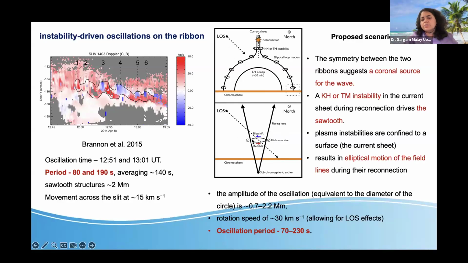Because of this movement of the field lines, there is a possibility of having these alternate red and blue patches in the Doppler maps. Based on this proposed scenario, they observed the oscillation period around 70 and 230 seconds.